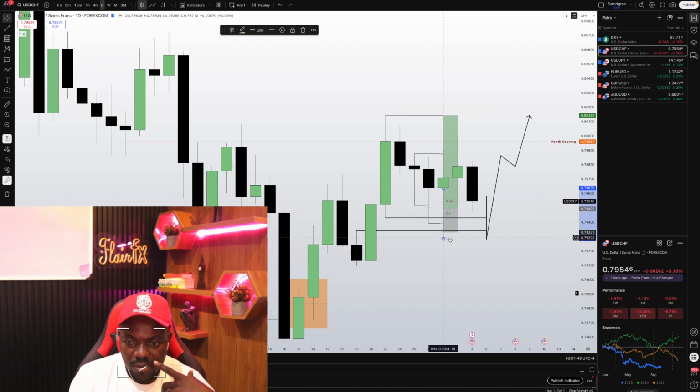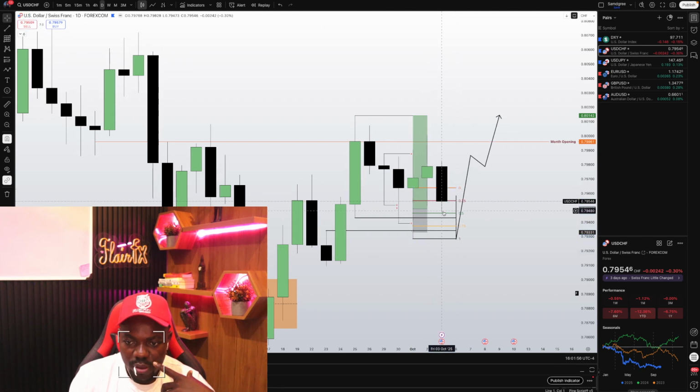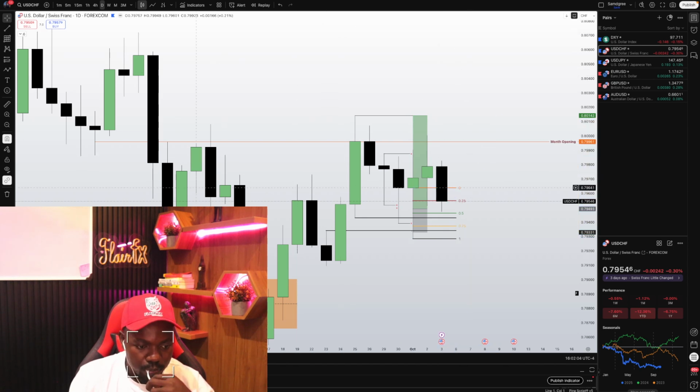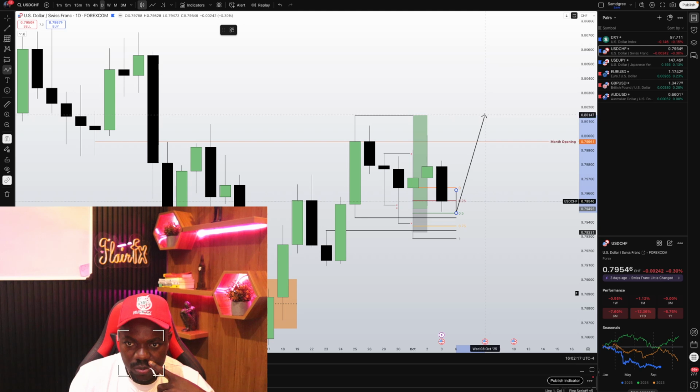But then we can still look at the 50% of this week. We haven't tapped into that 50%. So let's say if that doesn't play out like that, we'll get to see maybe Monday tap into 50% of that week, then we get a displacement to the upside.